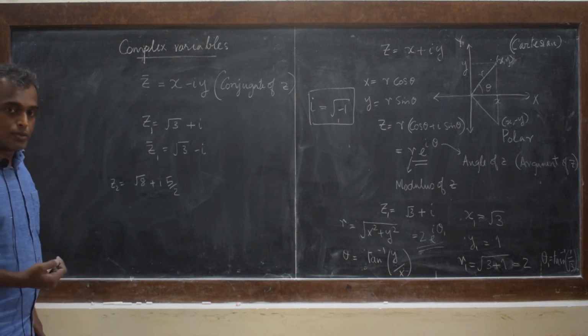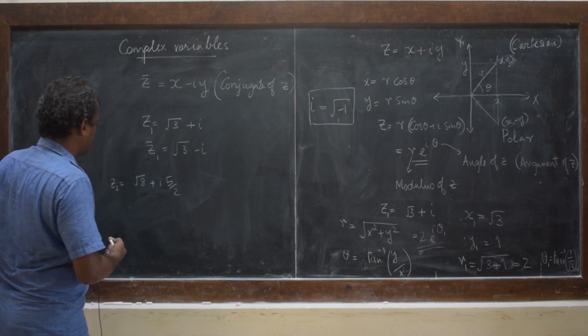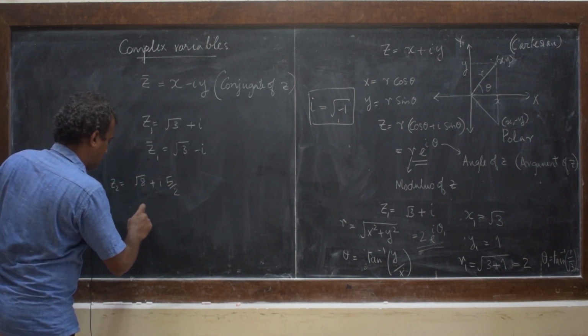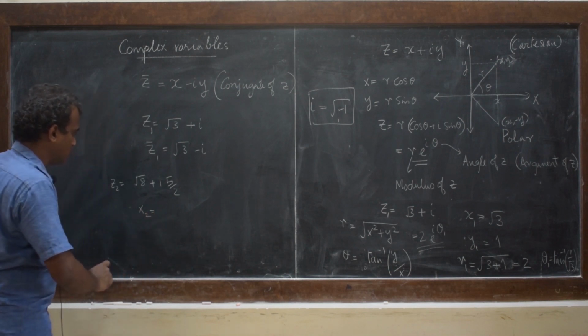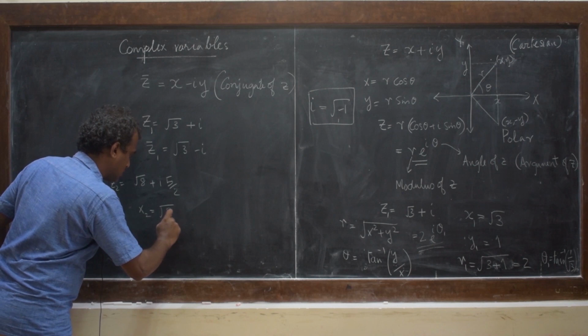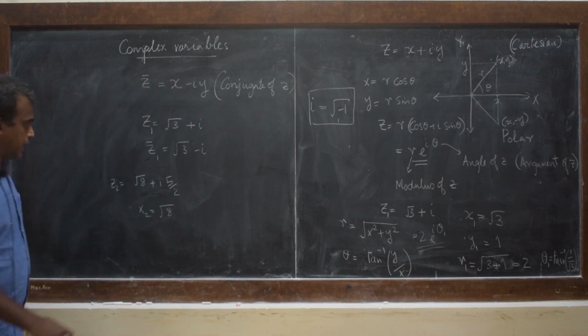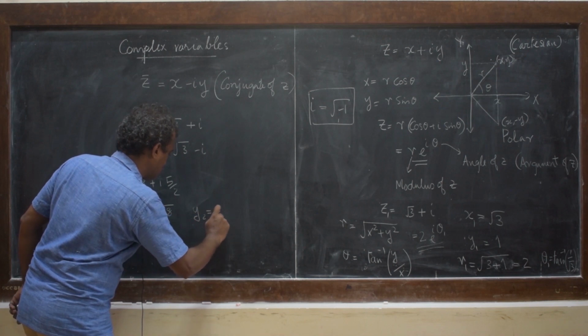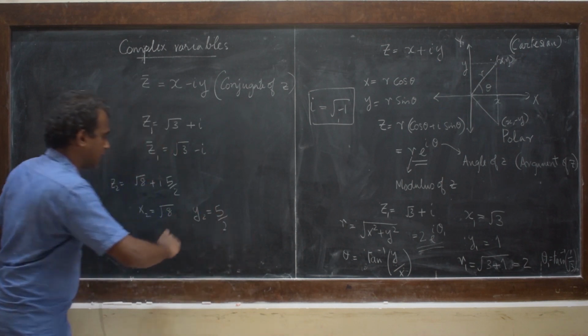Let us see how I do this. Having gotten the real part of this, calling it x2, its value is square root 8, and its imaginary part, calling it y2, is 5 over 2.